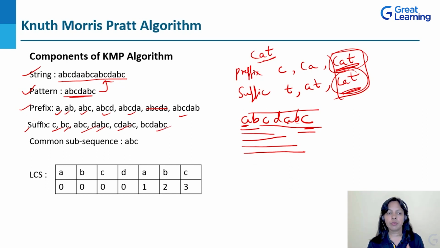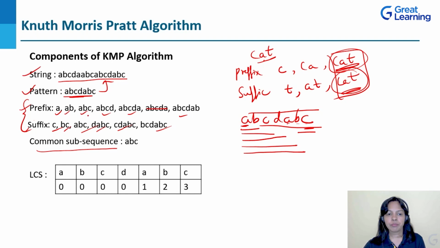Now, why am I talking about prefix and suffix? Because using these two, we are going to analyze the given pattern. Now you have to find the common subsequence, that is, what is common between the prefix and suffix. Which set of characters is the same in the prefix and in the suffix?